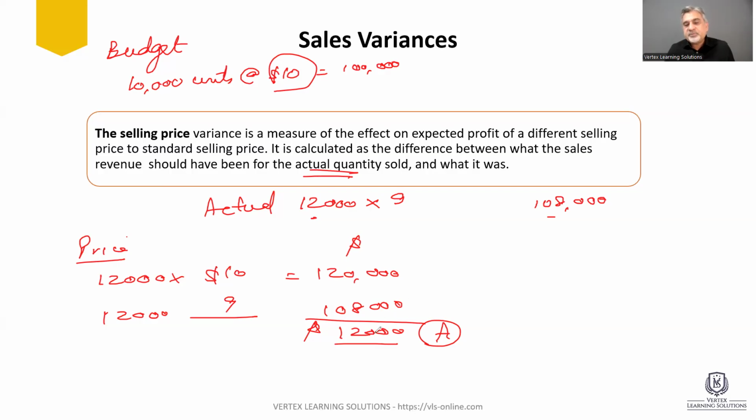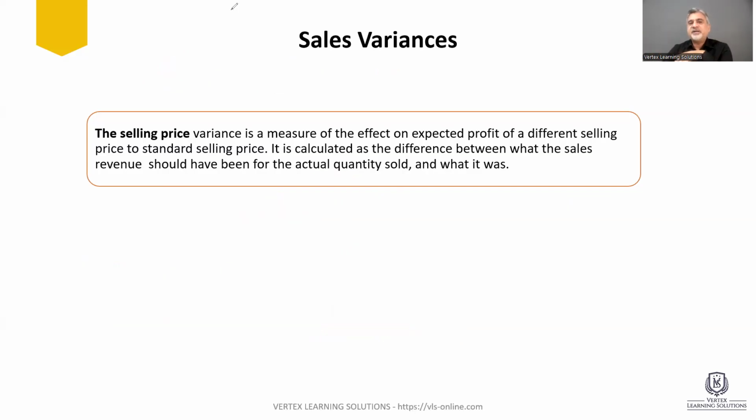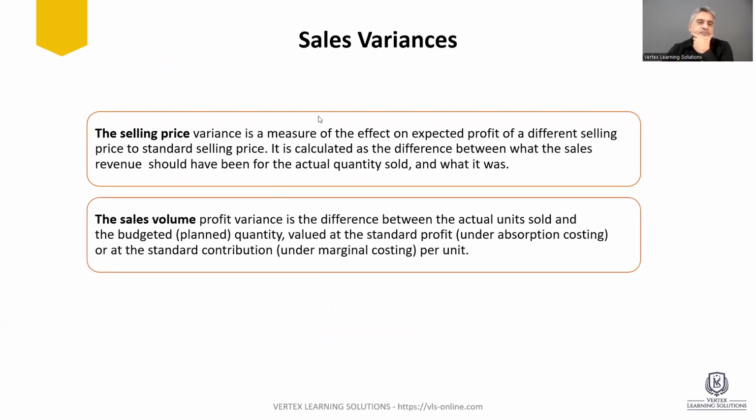So it means that $12,000 is my sales price variance. We call it price variance. So price variance is the difference between the actual price and the standard price multiplied by the actual number of units. Volume variance is a different thing.